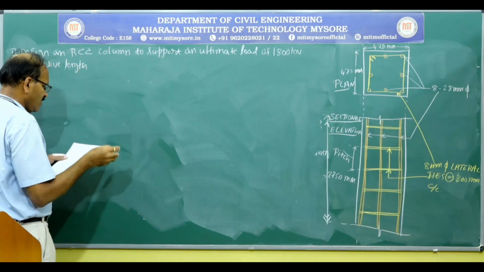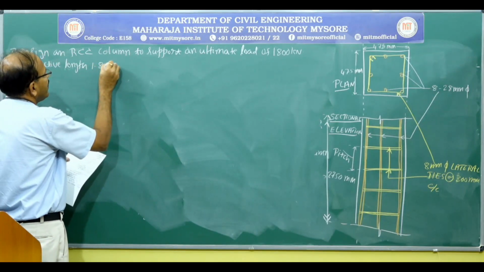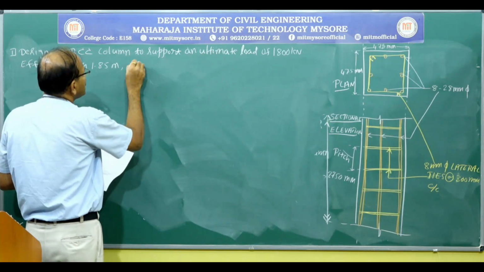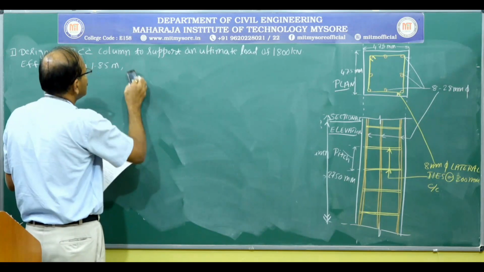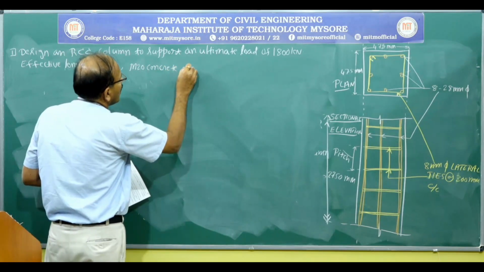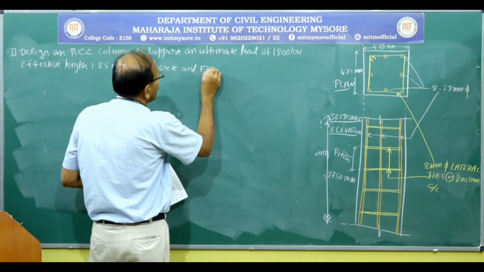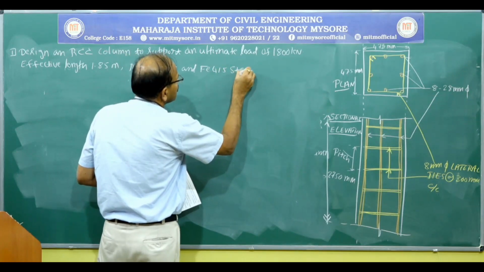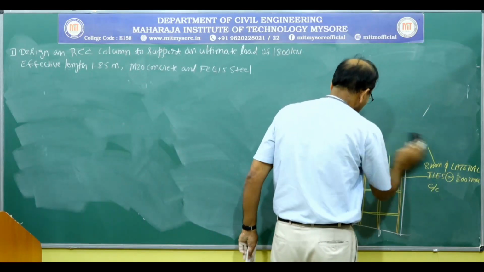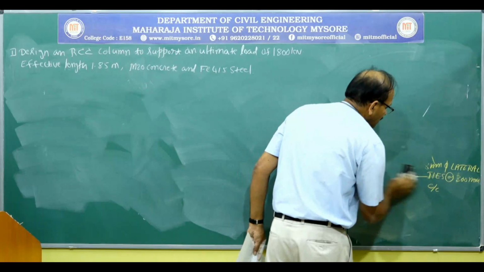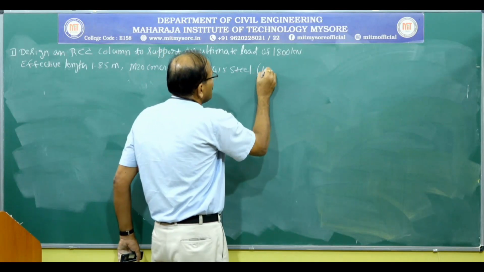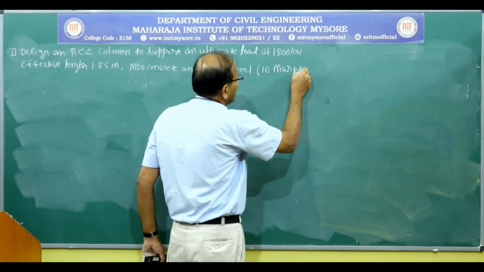Effective length 1.85 meter, M20 concrete, and Fe 415 steel. So of course this problem carried 10 marks.